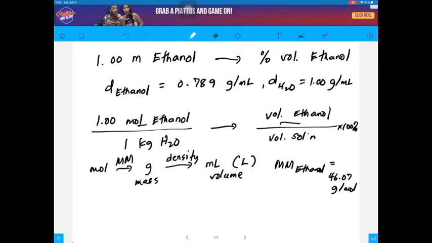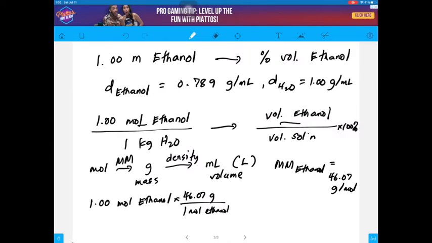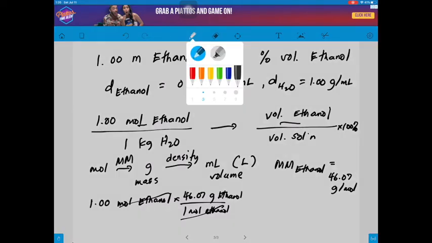Now we can convert 1 mole of ethanol to mass of ethanol. Cancel out, and we shall get the grams of ethanol here. So we are at this position right now.